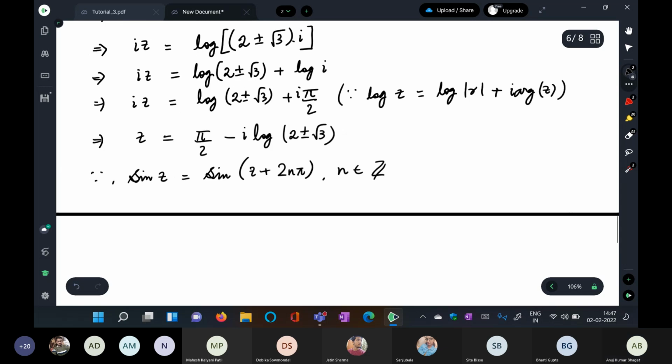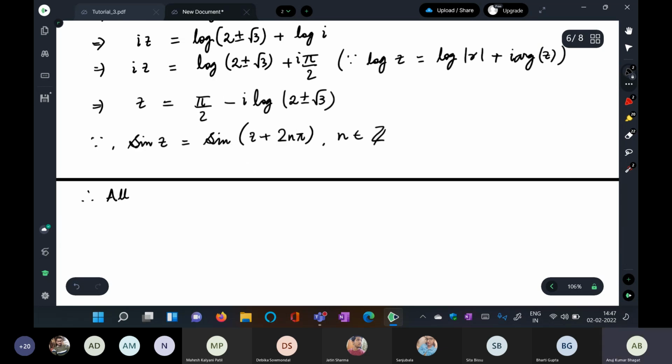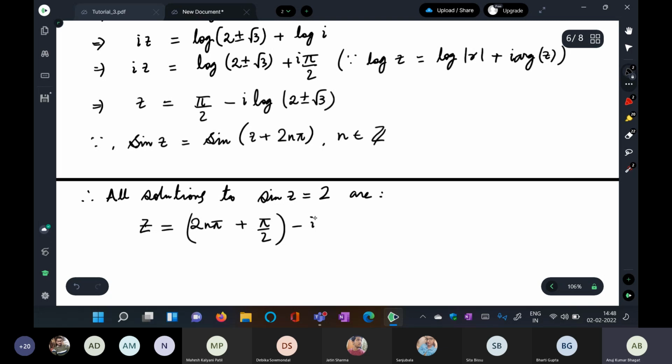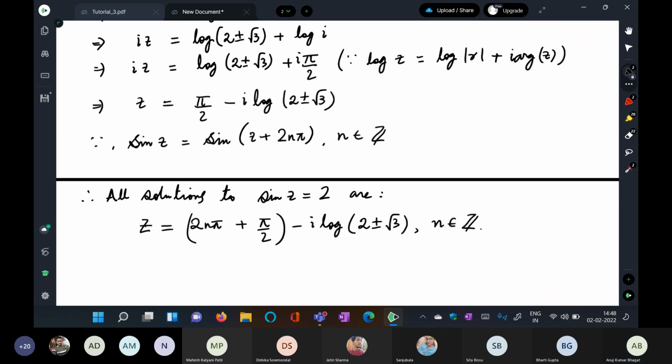Therefore all solutions to sin z equals 2 are z equals 2n pi plus pi by 2 minus i log of (2 plus minus root 3), where n is some integer.